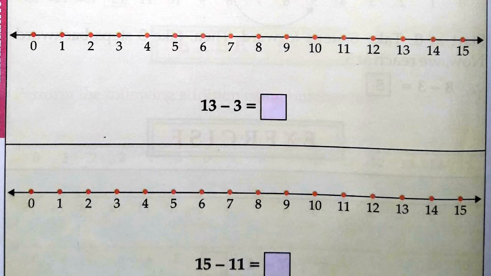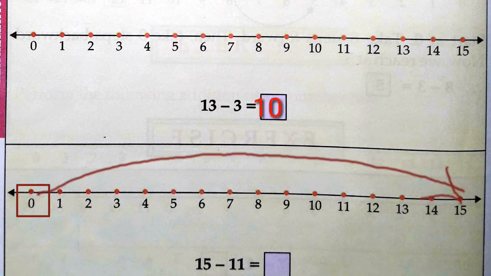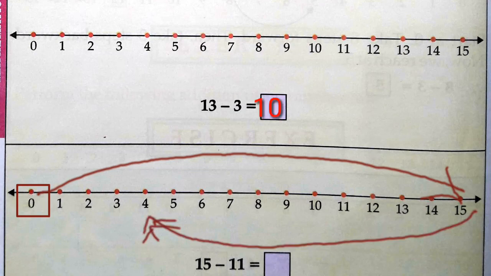The last question is 15 minus 11. 15 steps forward. From where? From 0. When we will take 15 steps forward, we will reach at 15. Then minus 11 means 11 steps backward from 15. From 15, when we will take 11 steps backward, where we will reach?